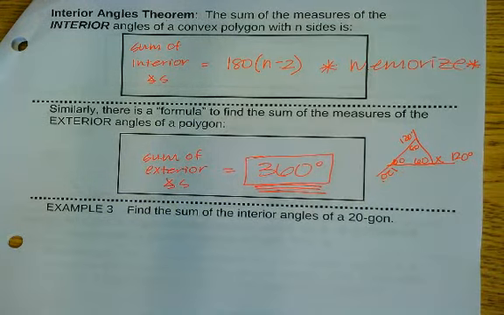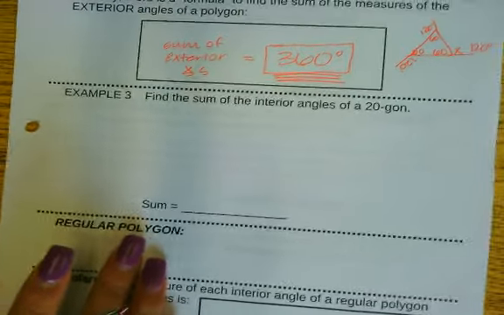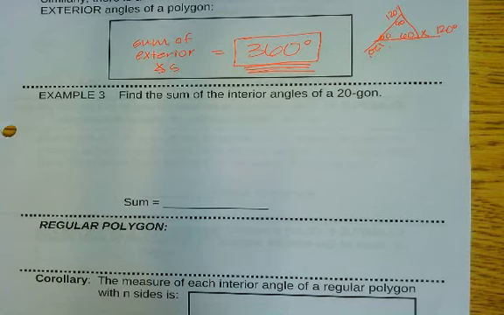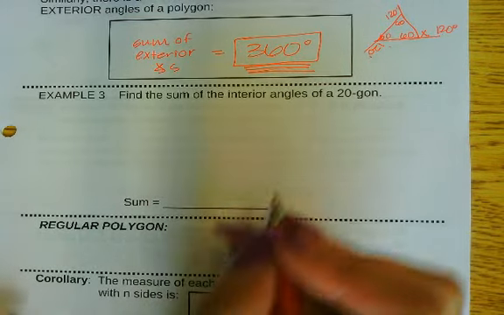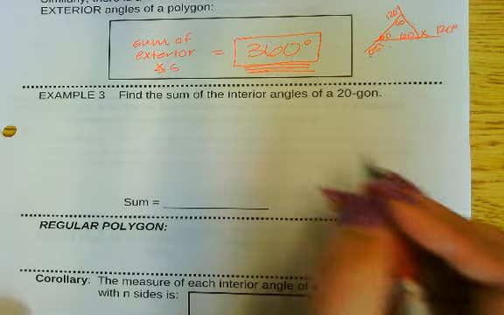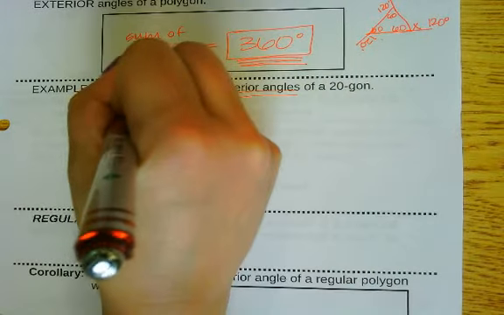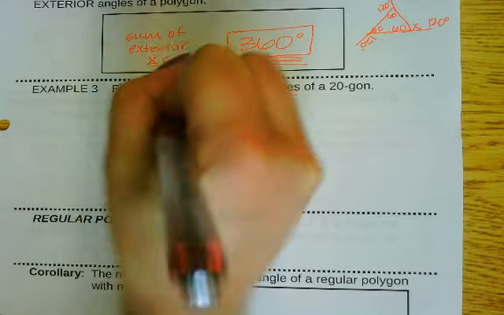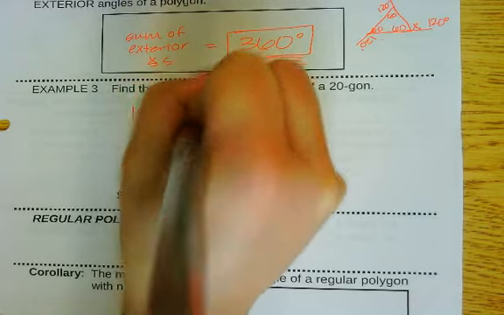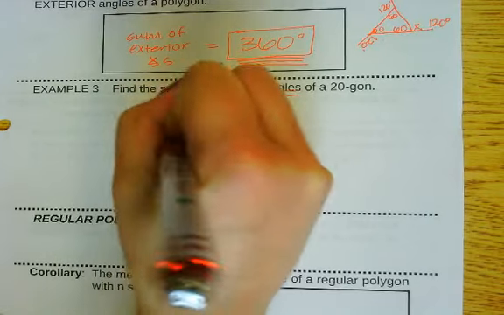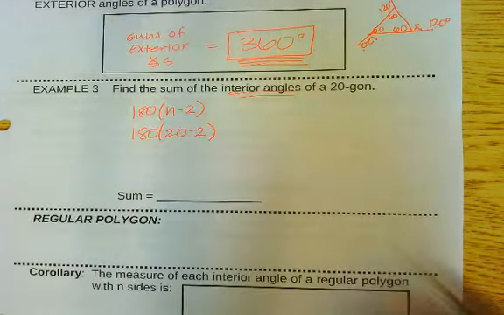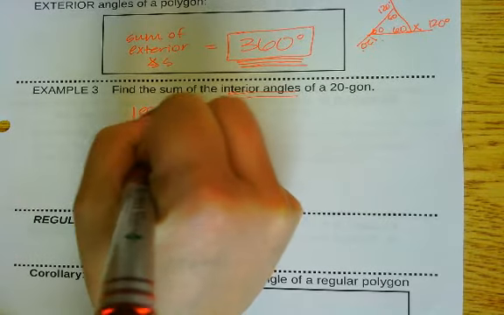Good question. Number 3 says find the sum of the interior angles of a 20-gon. How many sides does that have? 20. How do we find the sum of our interior angles? 180 times n minus 2. So you have 180 times 20 minus 2, which is 180 times 18.